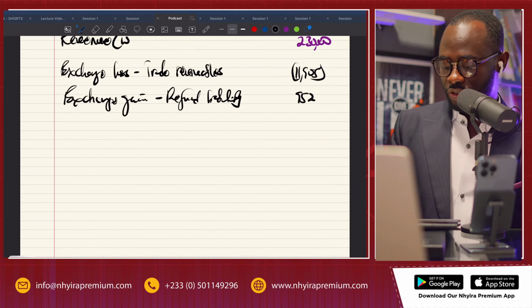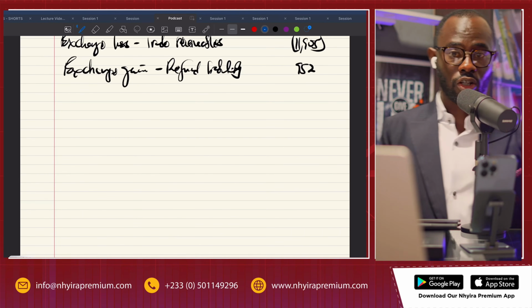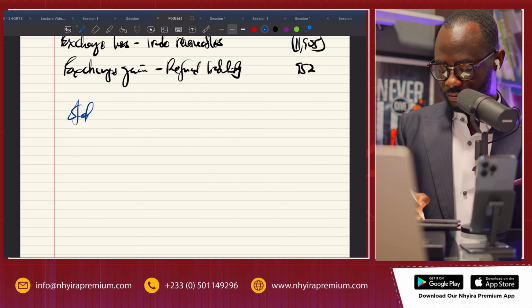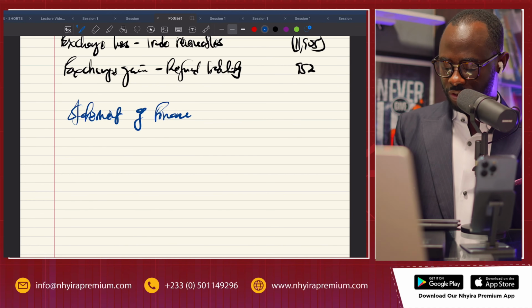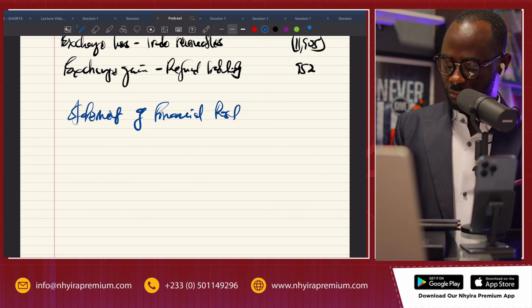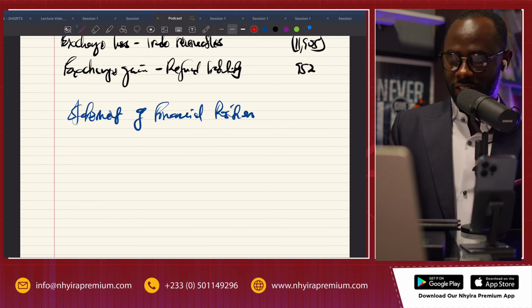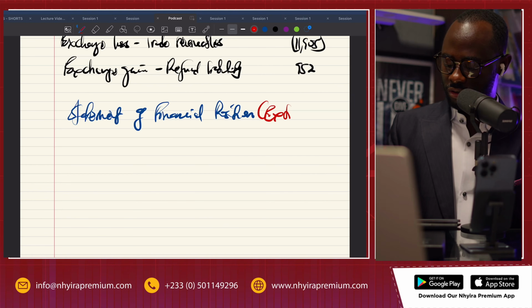Then we go to the statement of financial position, also an extract, for the same year ended.